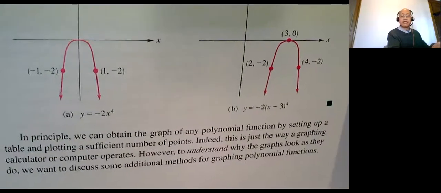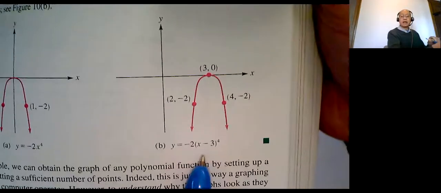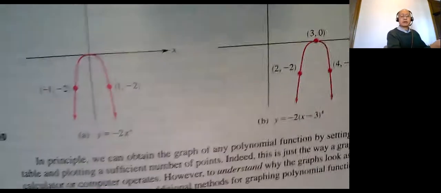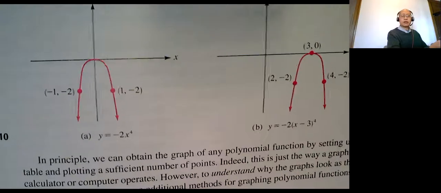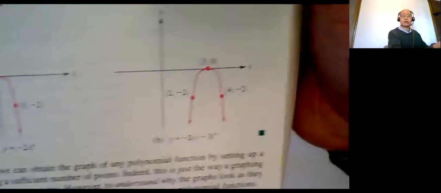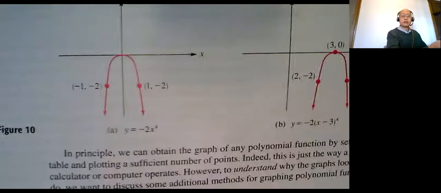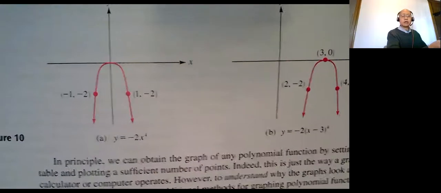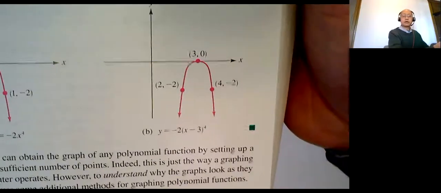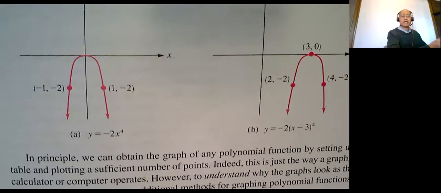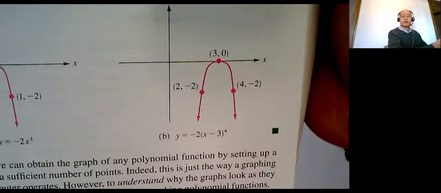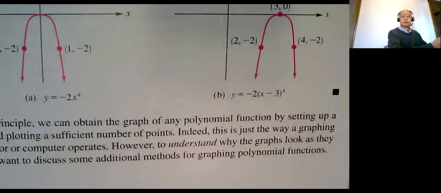They moved the graph 3 units to the right because x got replaced by x minus 3, right? So notice the few points that they have, they moved everything over 3 to the right. So the origin 0, 0 got moved to 3, 0. Negative 1, negative 2, if you move it 3 to the right, you have 2, negative 2. 1, negative 2, move it 3 to the right, becomes 4, negative 2, and so on.